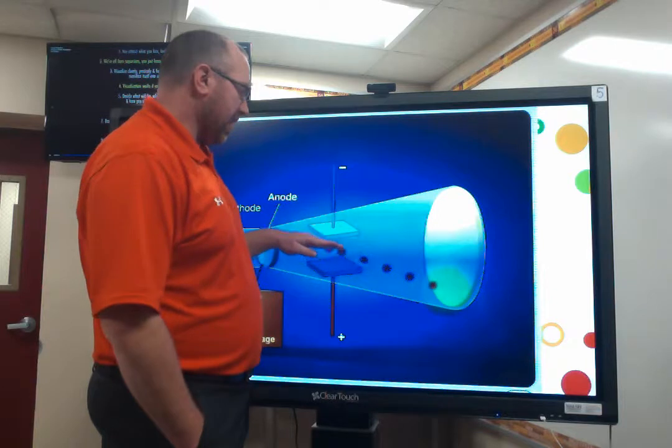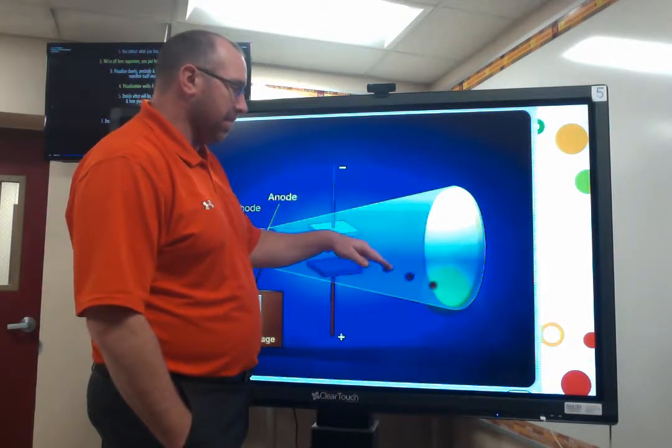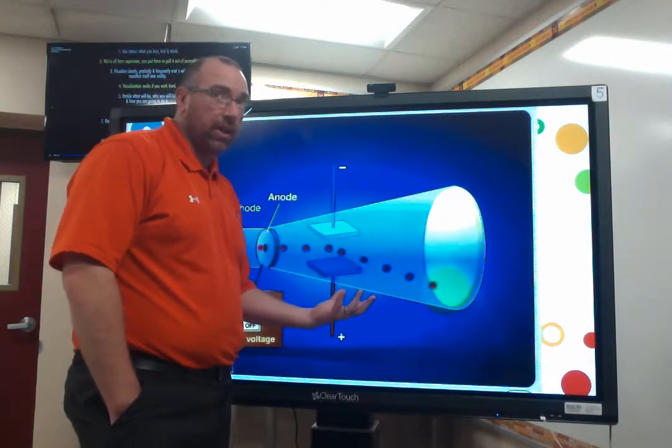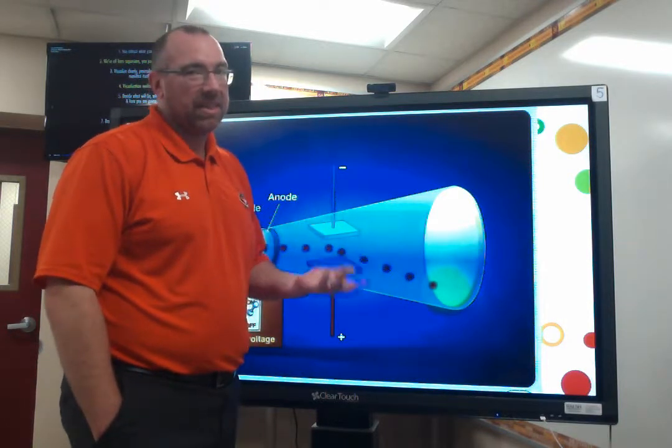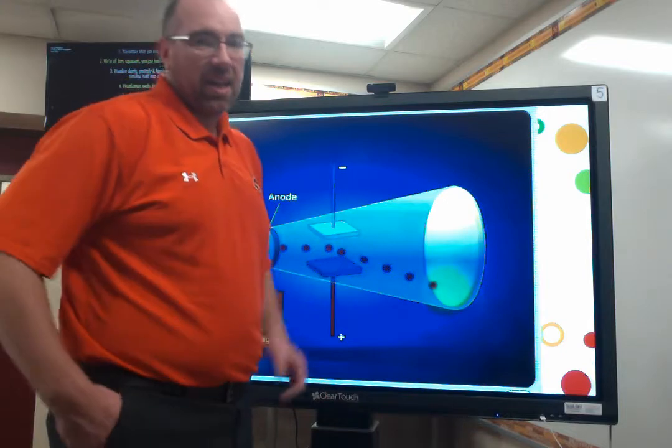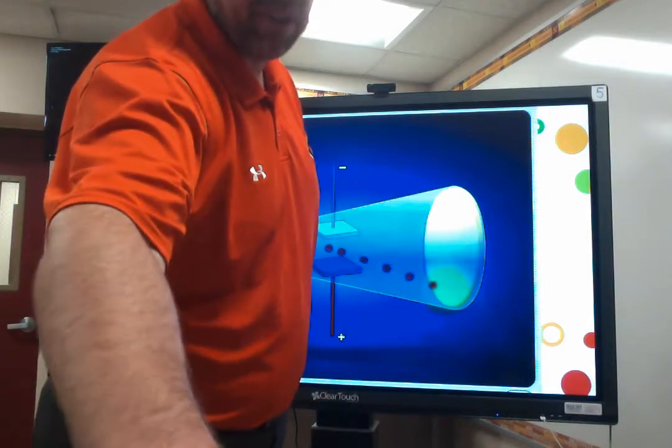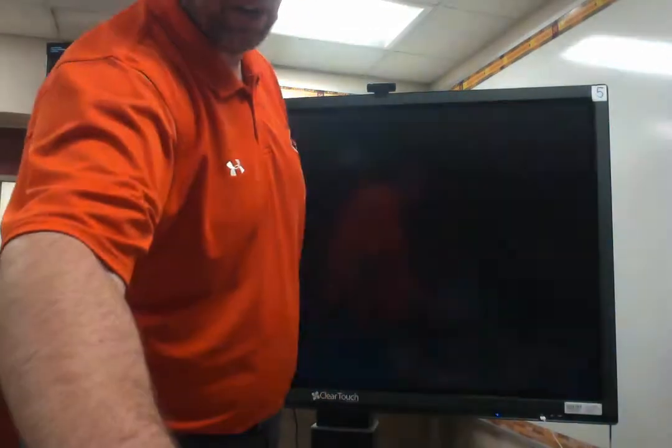Or it could be that the bending of the beam depends more on the charge of the particles in the beam. He can't really tell which one it is. Thomson is really not able to come up with a definitive answer for that on his own.